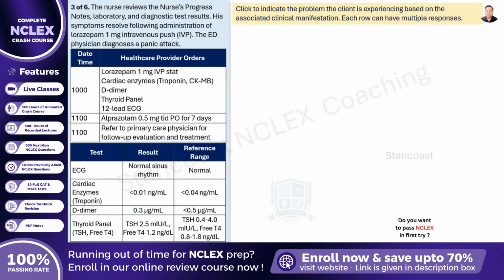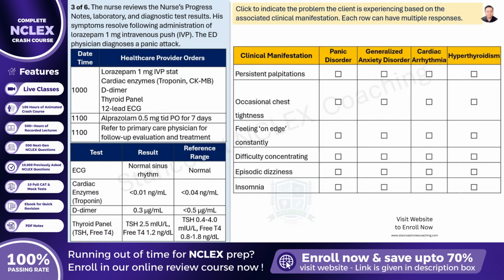Now, your task this time is to click to indicate the problems that the client is experiencing based on the associated clinical manifestation. Each row can have multiple responses. So here's the matrix.